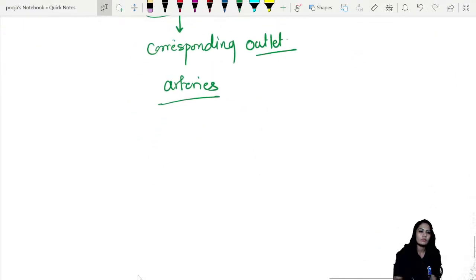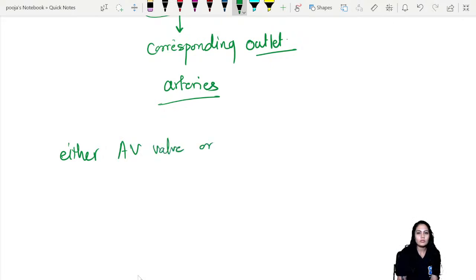So at a time, either the atrioventricular valves, that is the AV valves, or your semilunar valves, I'll just write SL valves, will open. So what is the AV valve?